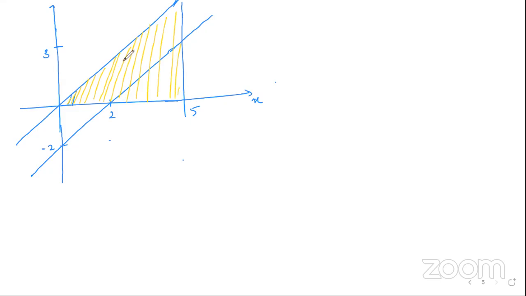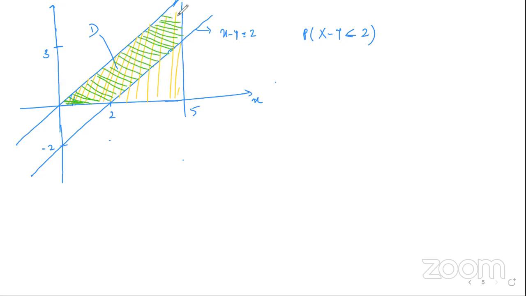This is our region D. This is the line x minus y equal to 2, and we have to find the probability that x minus y is less than 2. So basically we have to find this region, the one shaded on the screen.